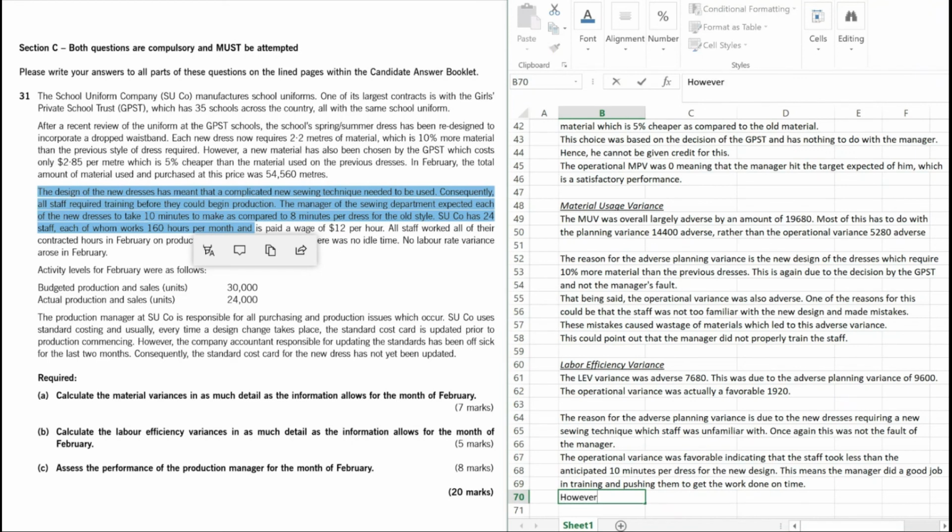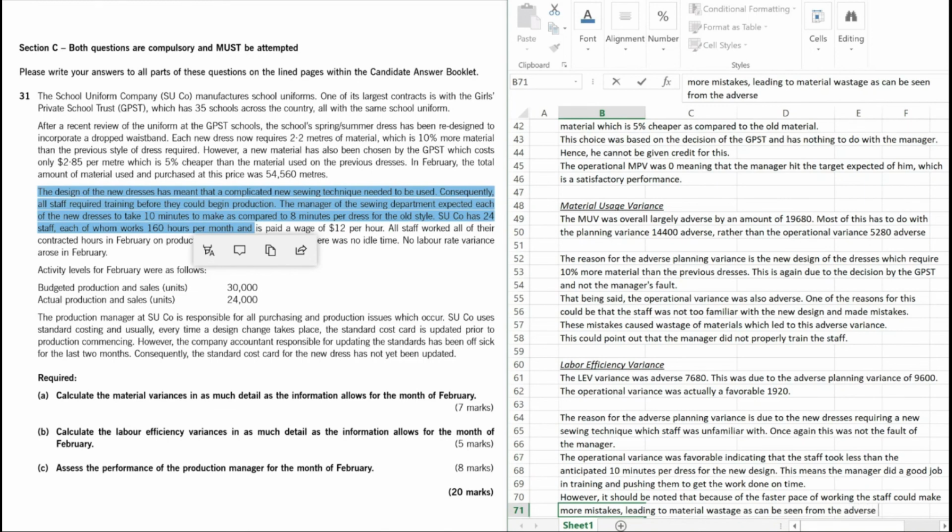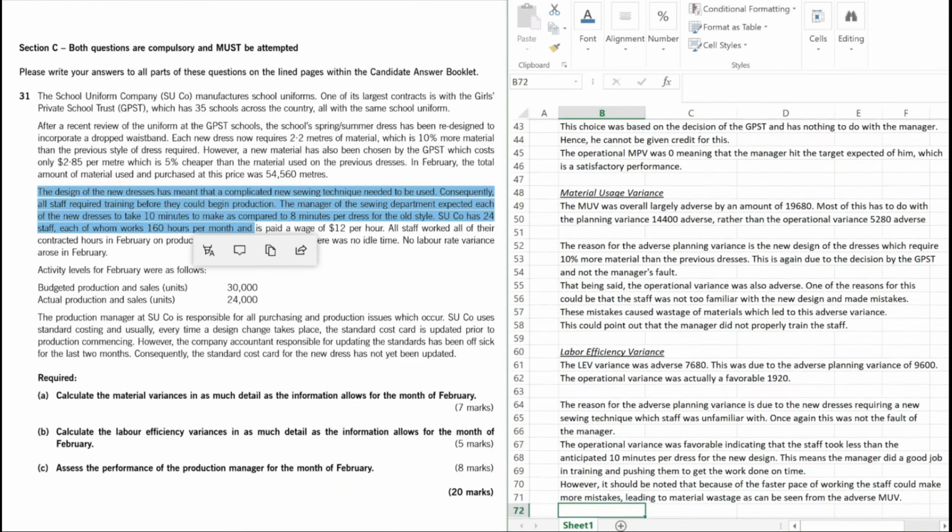However, it should be noted that because of the faster pace of working, the staff could make more mistakes, leading to material wastage, as can be seen from the adverse material usage variance. Okay, so there's a brownie point as well.